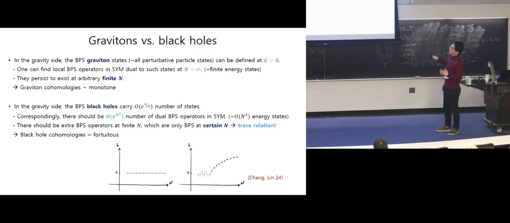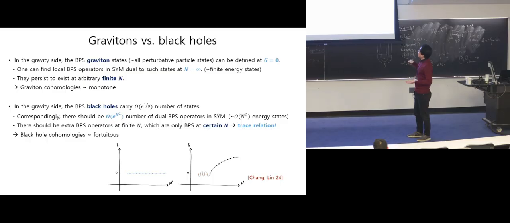And since the number of monotone operators does not scale exponentially, we should find extra BPS operators at finite N. And these operators become BPS only at certain finite N due to trace relations, which we now call fortuitous operators. And they will be dual to the black hole microstates in AdS5.